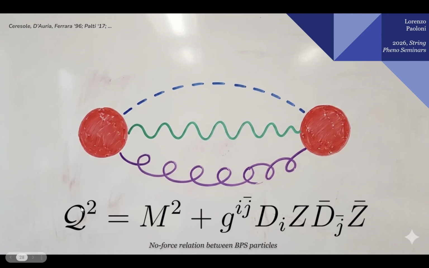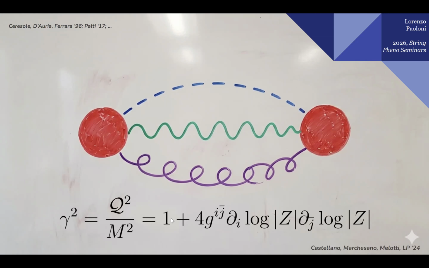So here, in this no-force relation for BPS particles, the electromagnetic interaction is measured by the physical electromagnetic charge and the gravitational interaction by the mass of the BPS state. And so to measure the ratio between the two interactions, we can simply take the ratio of these two quantities. And we expect that along a rigid limit, there should exist states for which this ratio diverges, for what I just said.